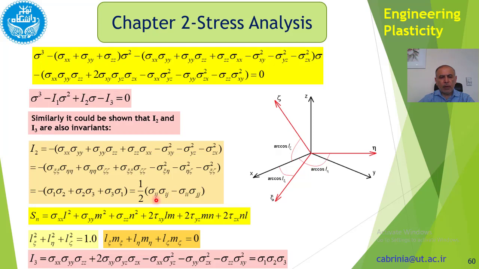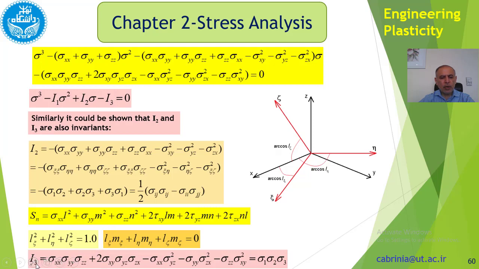So we could put for ij, for instance, 1 2, 2 3, and 3 1. And for ii, obviously, it will be 1 1, 2 2, and 3 3. So this will become equal to that. So that's how we could prove it.